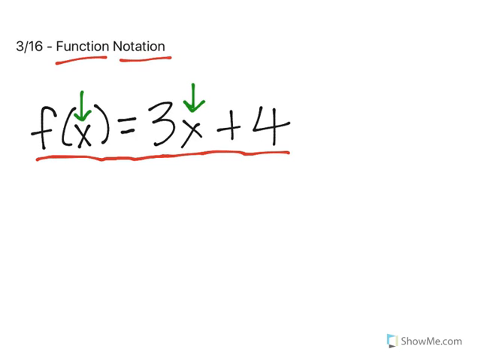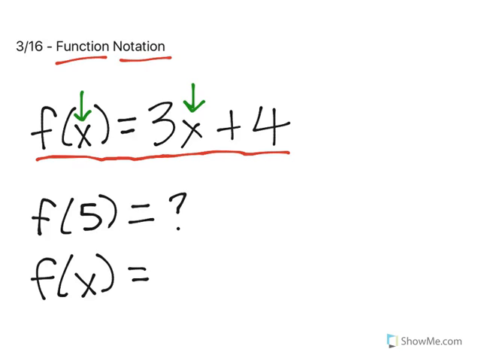For example, a question might ask us, instead of f of x, let's say f of 5. We want to know what f of 5 is. Okay, well, what is the function again? The function is f of x is 3x plus 4.